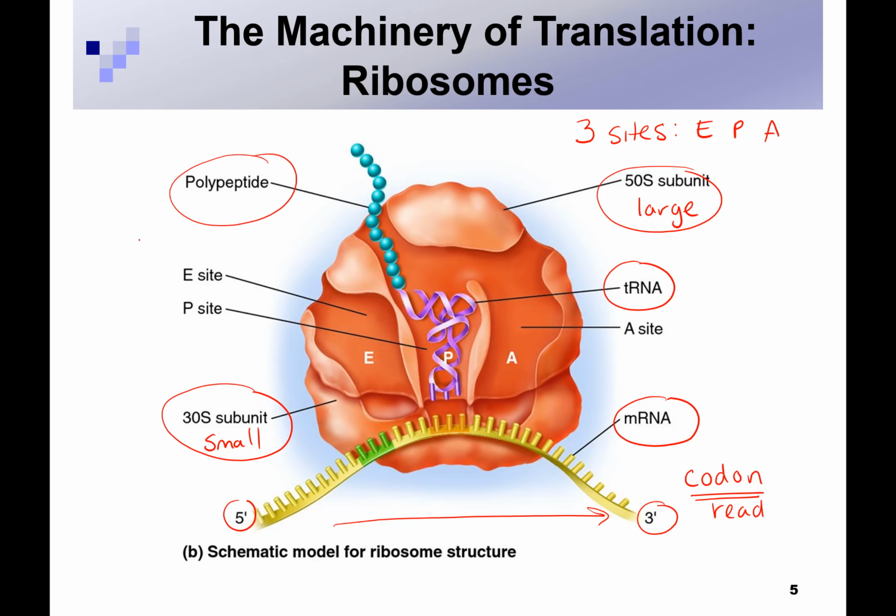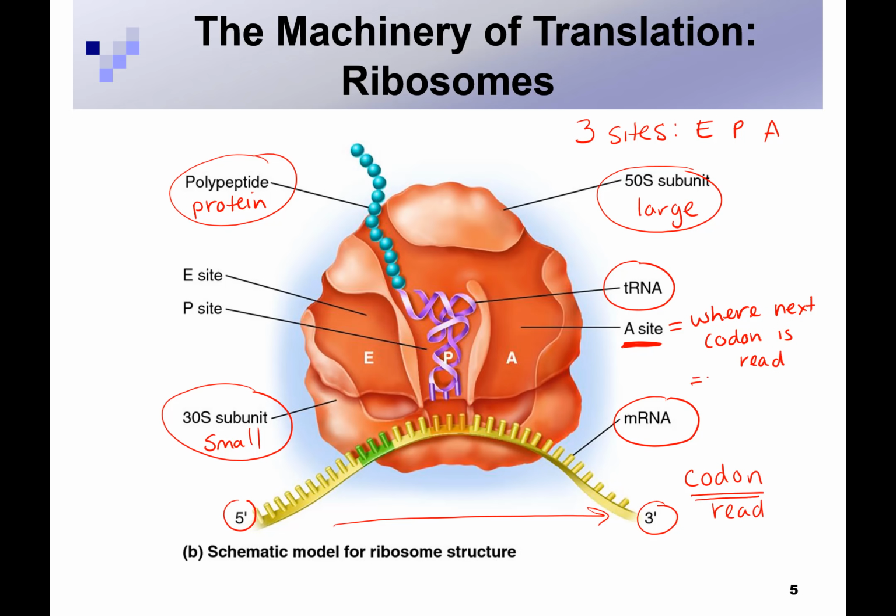So here you can see a polypeptide being made. Remember, a polypeptide is another term for a protein. So codons line up at the A site. So the A site is where the next codon is read.